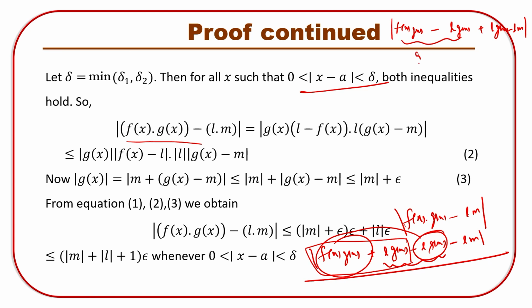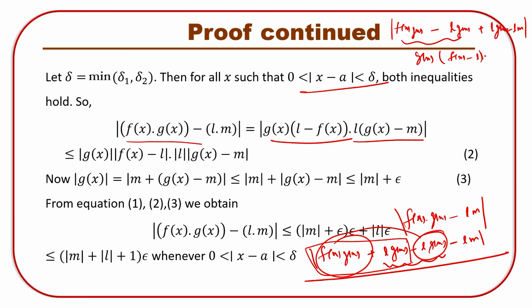So, take g(x) common, it will give you |f(x) − L|, and then take L common from the other term: L into g(x) minus m.